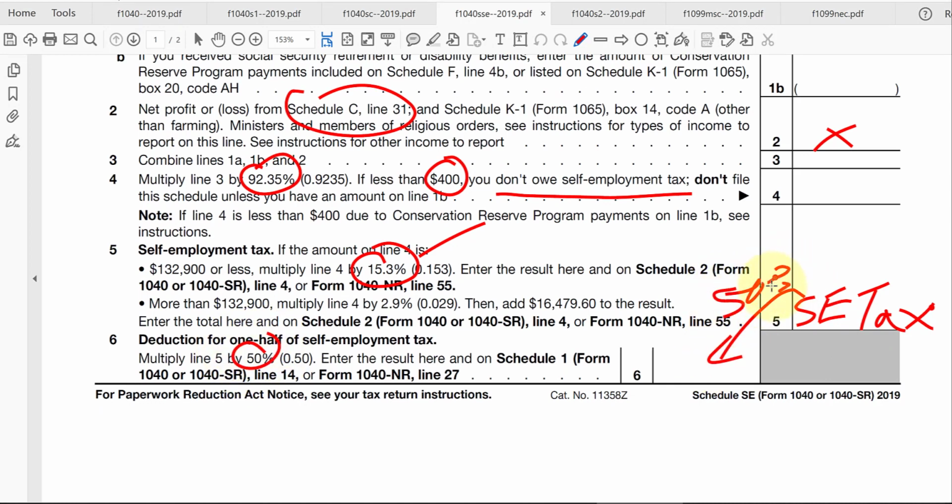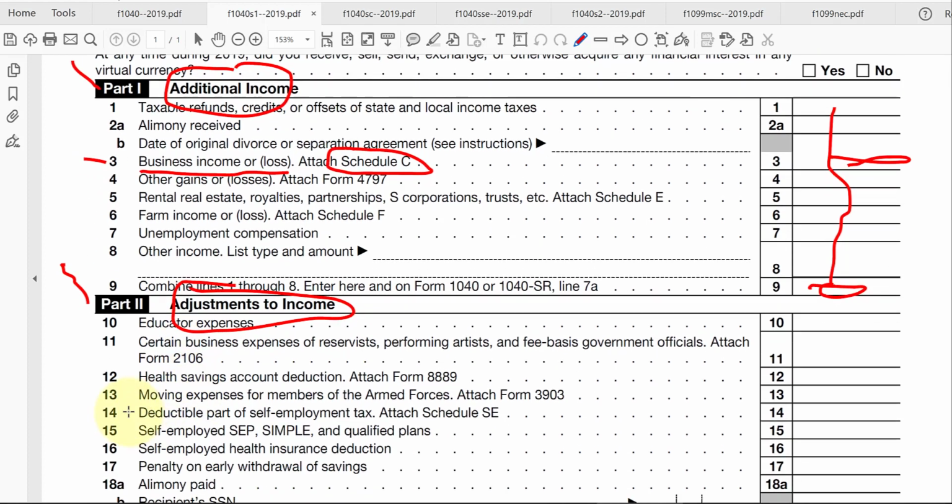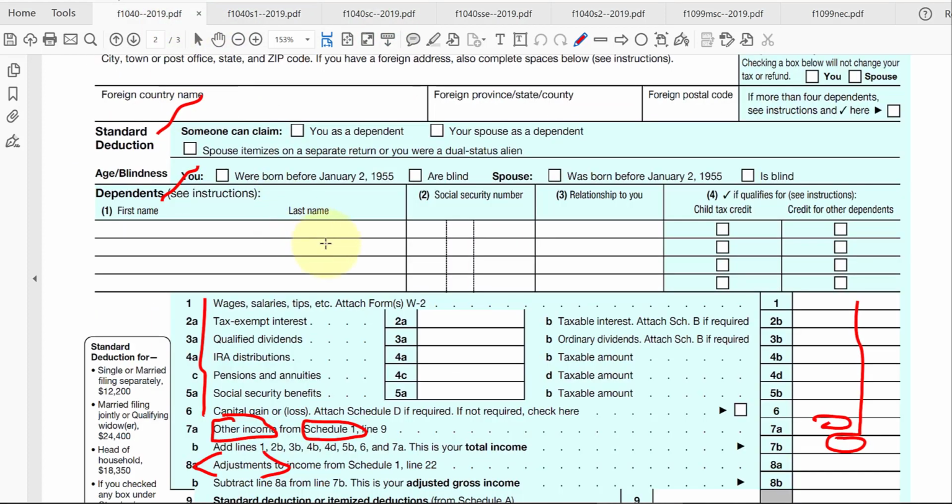50%. Okay, so whatever amount you see here, we're going to first rewrite it back on Schedule 1, not here as income, but as an adjustment deduction. Adjustment deduction. And that goes in this line 14. Line 14 here. That we add up with the other adjustments to get a total of adjustments that is now deducted back on the 1040 form.